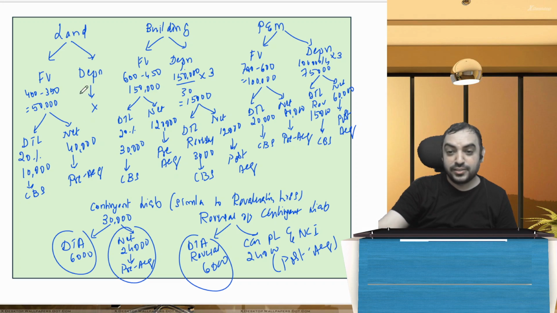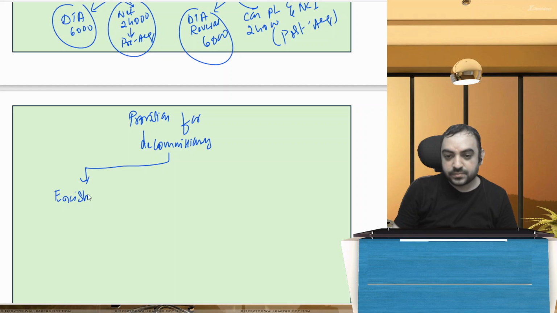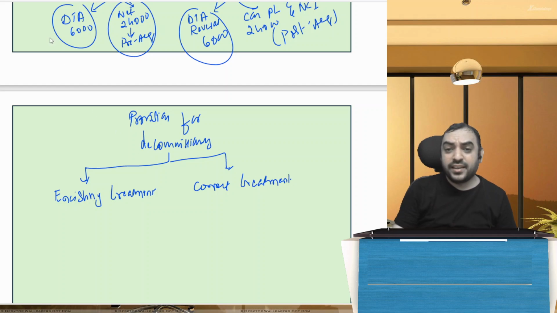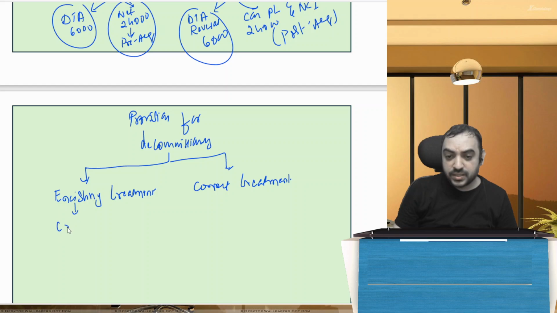Let me show that calculation. Provision for decommissioning, existing treatment, and then correct treatment. Existing treatment: they have created a provision of 6.25.